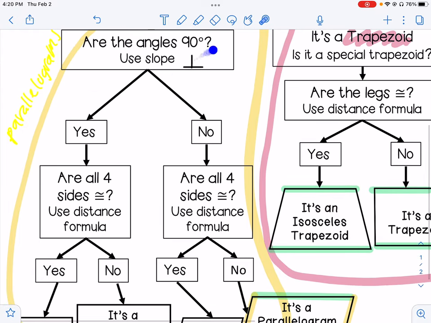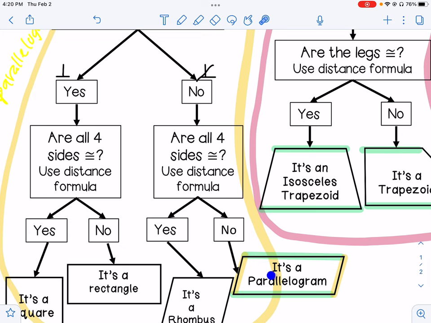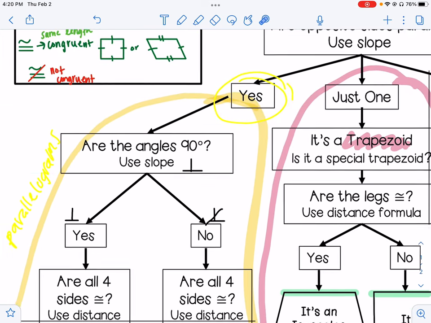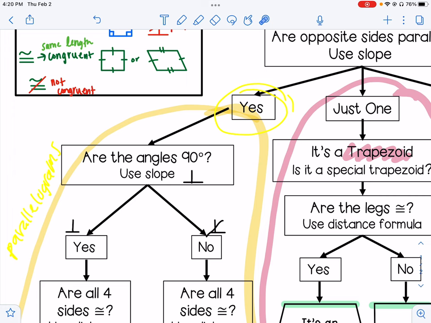If they are not perpendicular, so these ones would be perpendicular, these ones would be not perpendicular, then you're going to be in the world of either a rhombus or a parallelogram. So that's our next classification. And we've already calculated the slope, so you just need to compare them.